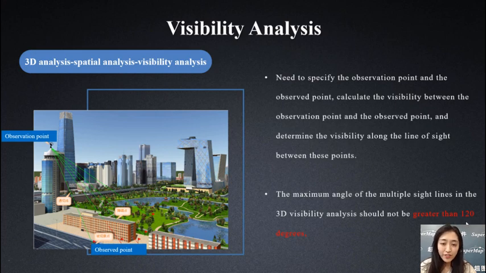So this is a question in our quiz. The maximum angle should not be greater than 120 degrees, and the sight lines exceeding this value are gray.